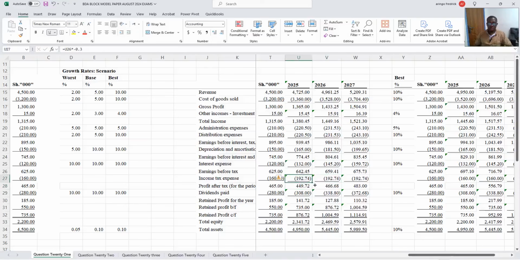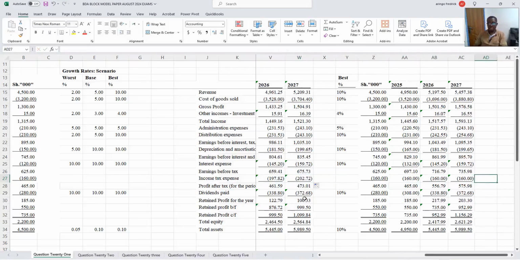So dragging it all through, 0.3, 0.3. The good thing is that once you have a formula right, you just change everything automatically. So the same case here should be 0.3.